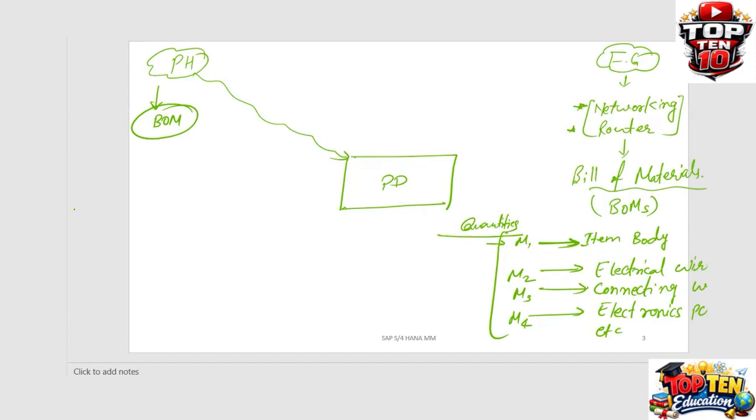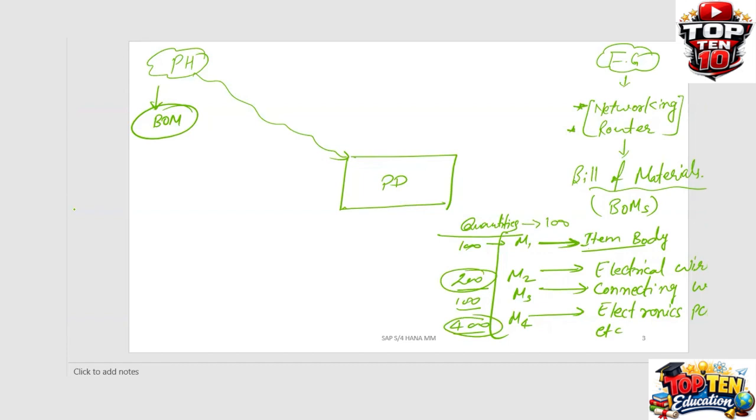For example, 100, 200, 100, 400. In one networking router, maybe one item body, two electrical wires, one connecting wire, four electronic PCBs. Like this, to manufacture 100 quantities, we need 200 quantities of electrical wires and 400 items of those electronic PCBs.